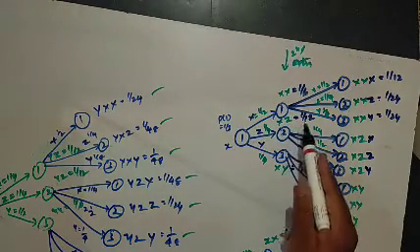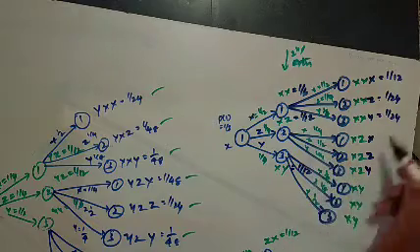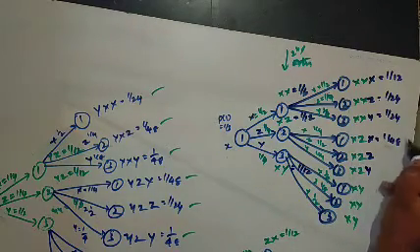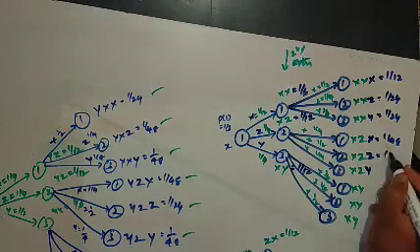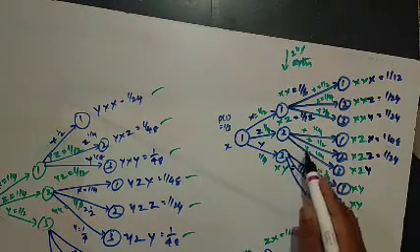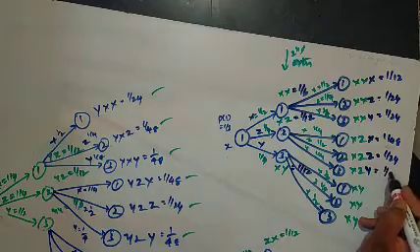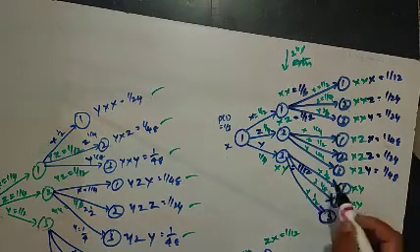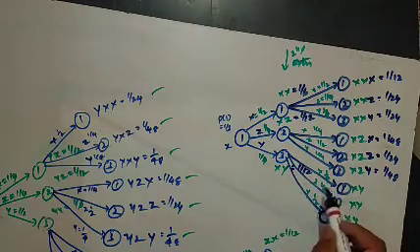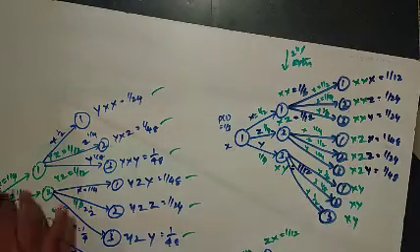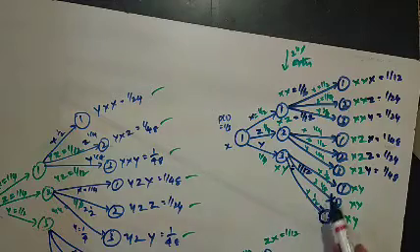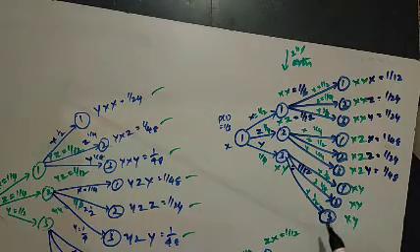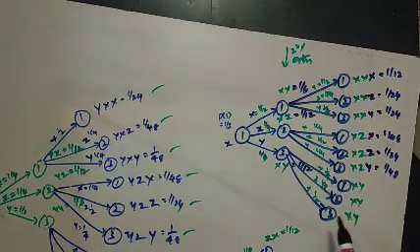The value of xz is 1 by 12. 1 by 12 into 1 by 4 is 1 by 48. 1 by 12 into 1 by 2 is 1 by 24. 1 by 12 into 1 by 4 is 1 by 48. Similarly, the 3 to 1 transition, whatever you have, copy and paste here: x, z, y. See, this order remains the same, x, z, y. Only their probability will change.